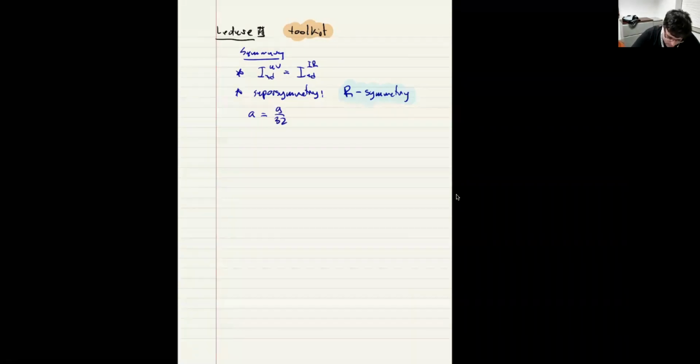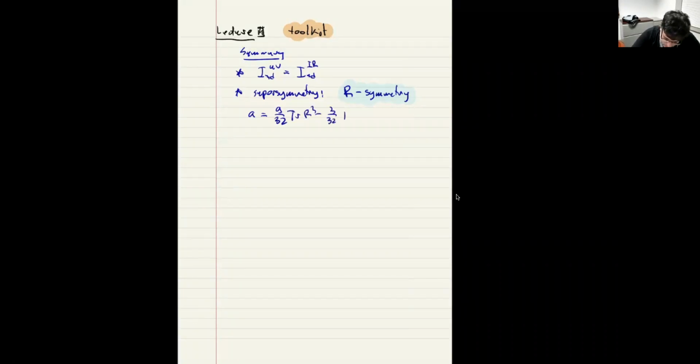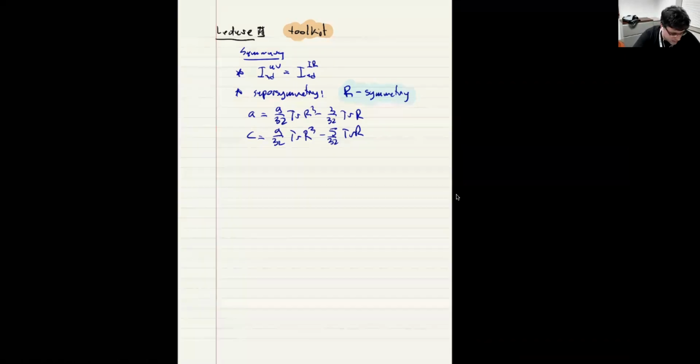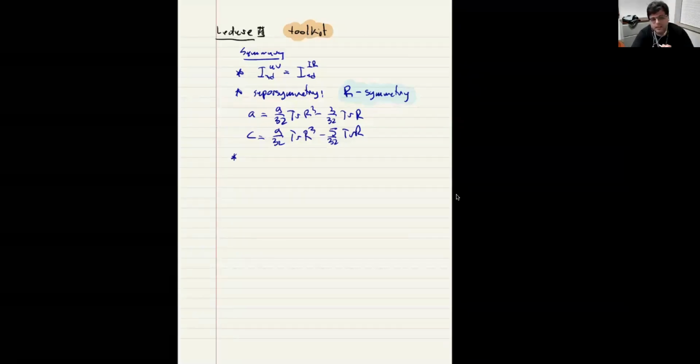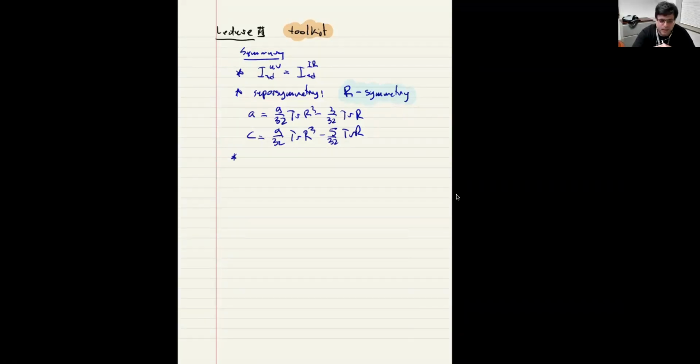So the A anomaly is 9/32 trace R cubed minus 3/32 trace R, and C equals 9/32 trace R cubed minus 5/32 trace R. And here I remind you that the R symmetry that we use has to be the superconformal one. There is a caveat in this relation. There is a special R symmetry, which is part of the superconformal group, and this relation holds only if we use that R symmetry.